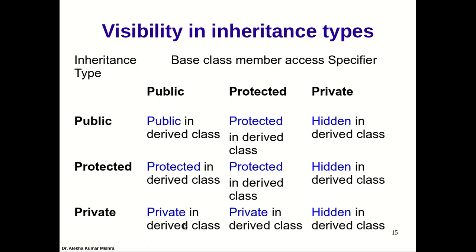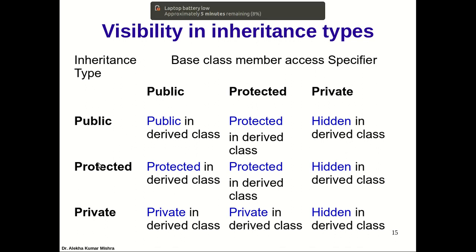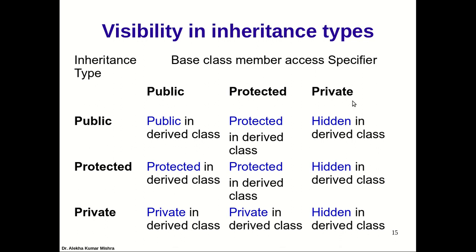So this is the summary of the visibility of different types of class members on different types of inheritance. On this side is the inheritance type, and on this side, the base class member access specifier.